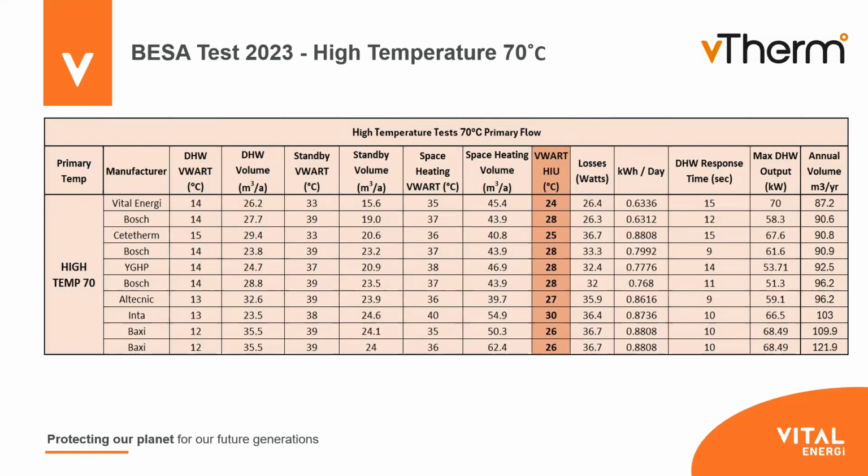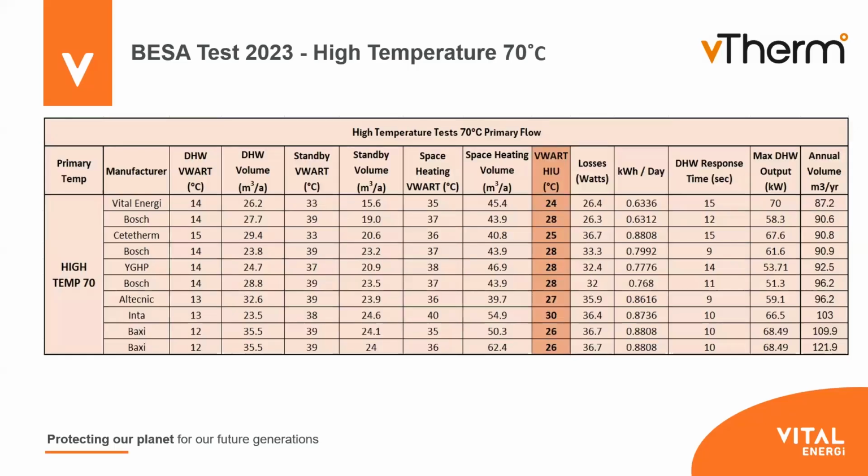So now we've got a difference of 5 meters cubed per annum. If we now look at, maybe we've got 1,000 HIUs on a building complex. That's now 5,000 meters cubed per annum that you've got to circulate around. If you now convert that to litres, as an example, we're now talking about 5 million litres per annum needed to be pumped around the system.